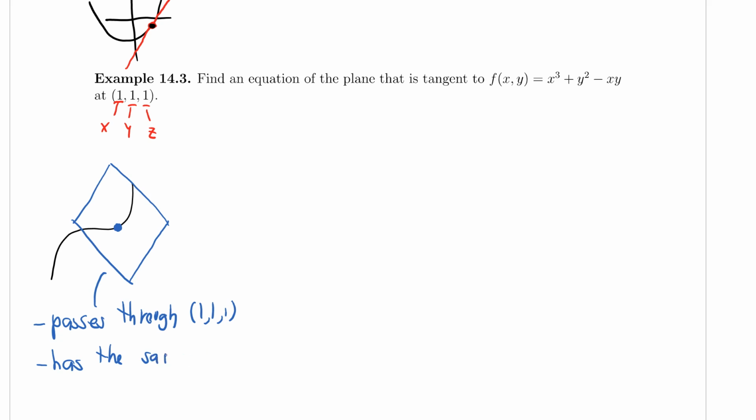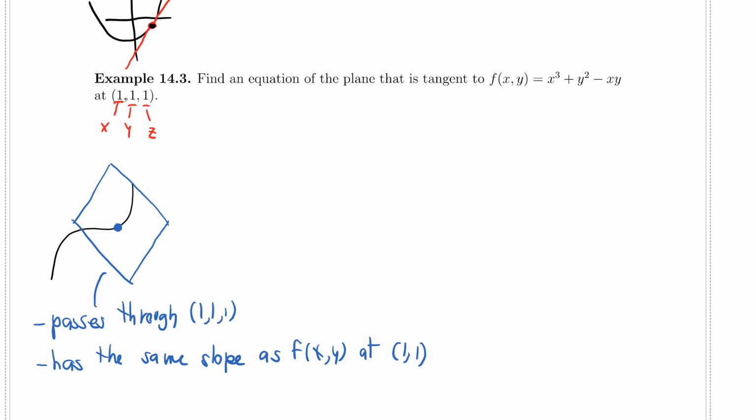It needs to have the same slope as the f of x, y at the point 1, 1. And at the point 1, 1, I mean my x is equal to 1 and my y is equal to 1. So if I could find a plane with this property, then this plane would be tangent to my function at the point 1, 1, 1.